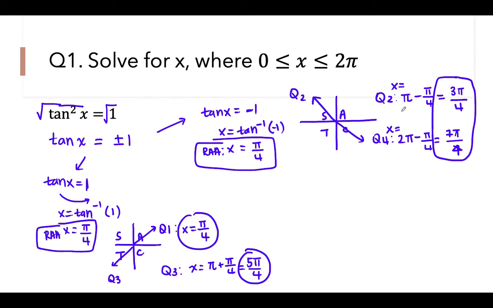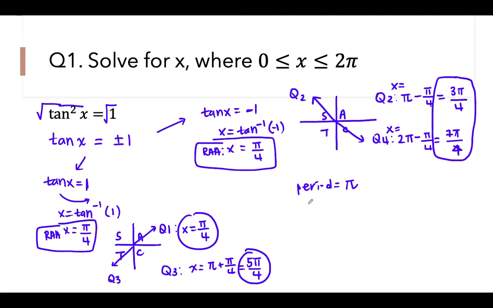So there are only 4 answers if the domain is between 0 and 2 pi. Now what if I were to say there is no domain? That means there are going to be lots of answers. And keep in mind, for tangent, the cycle happens every pi, not 2 pi.